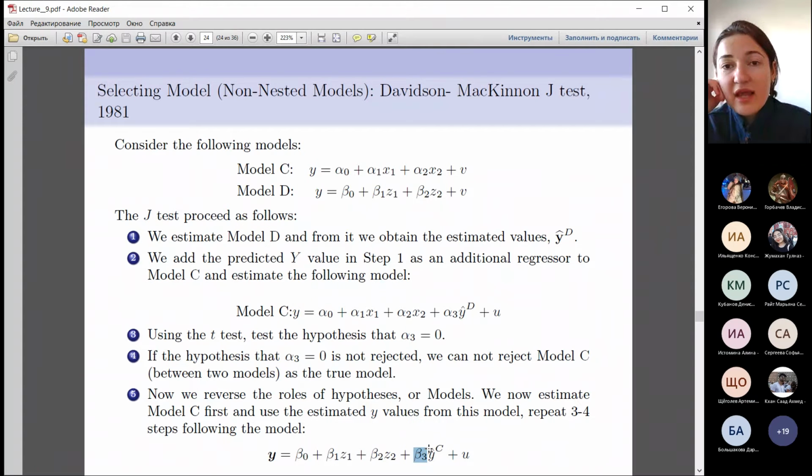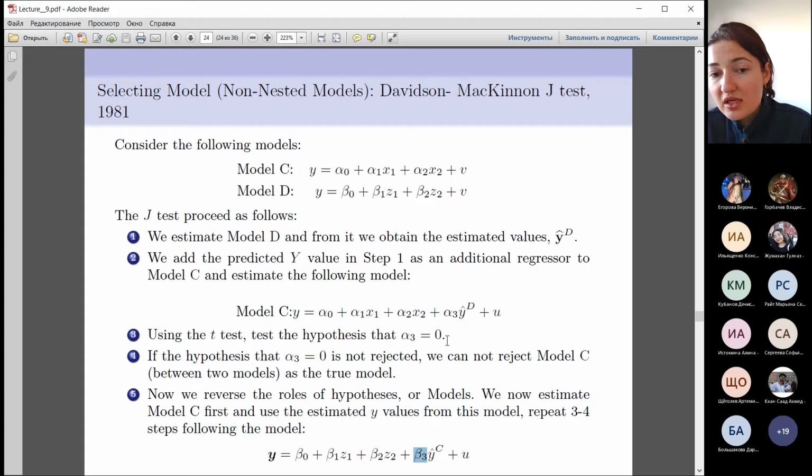So the idea behind this test is really very simple. In the first case, when you follow the first three points here, it means that the first model contains the correct set of regressors. Then including the fitted values from your second model into the set of regressors should provide no significant improvement.